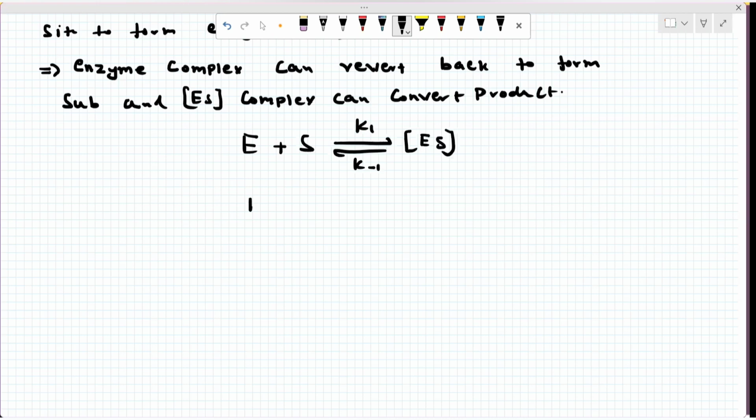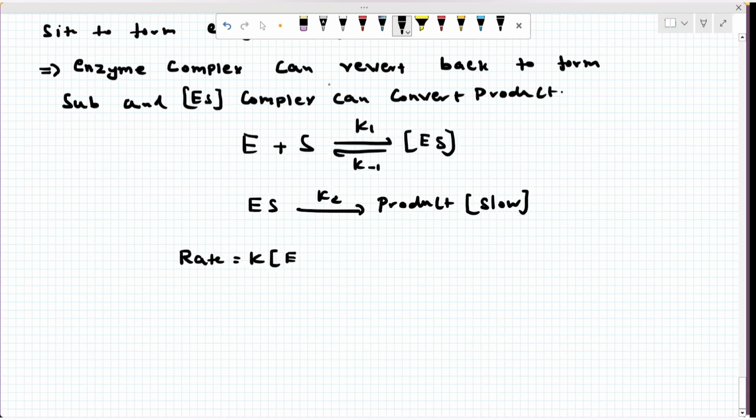Now this activated enzyme complex ES converts to product with K2. Now, this is a slow step. Now how to write the rate expression? Listen, using the slow step we can write the rate expression.